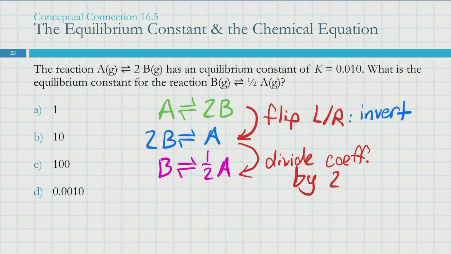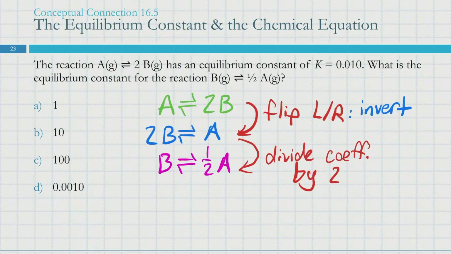So that's going to cause our reactants and our products to flip for our KEQ, or K expression, equilibrium expression. So starting with 0.010, when we invert that, we end up with 100.